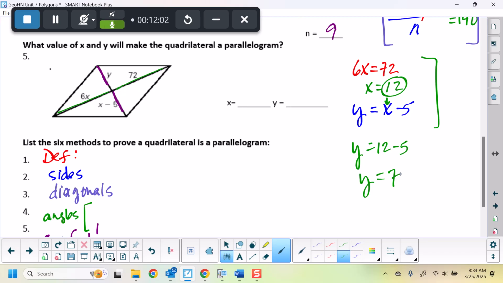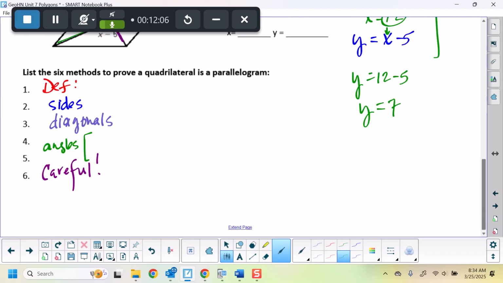When we talk about the 6 methods to prove a quadrilateral is a parallelogram, this is how my brain works. So you do you, but the absence of a system is not a system. So if you don't have a system, it's time to get one. To me, I always start off with the definition. What is the definition of a parallelogram? 2 sets of opposite what?